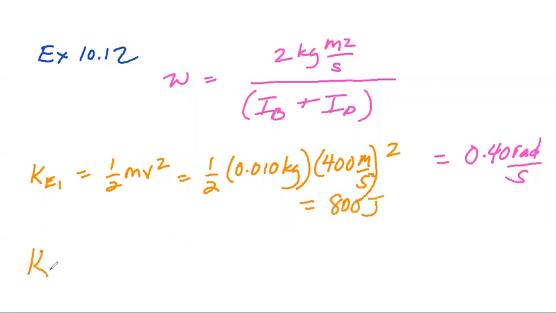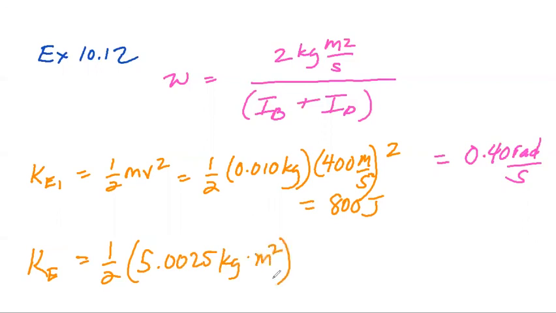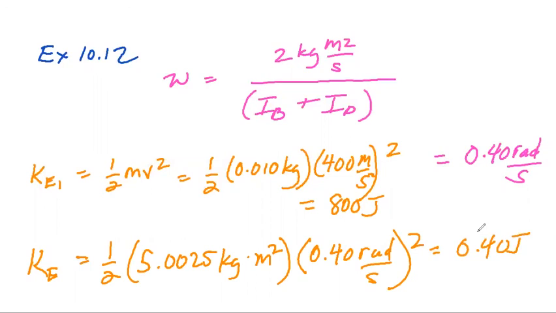KE after is rotational, so it's 1/2 times (I plus I), 5.0025 kg meters squared, times omega squared, (0.40 radians per second) squared, and that's equal to 0.40 joules. So a lot of kinetic energy is lost there.